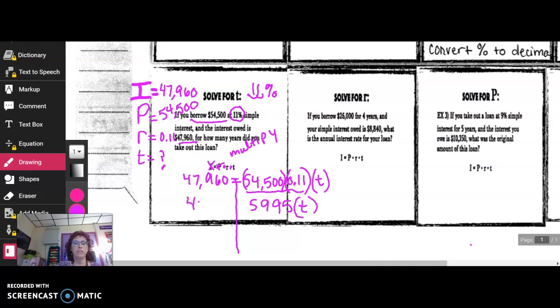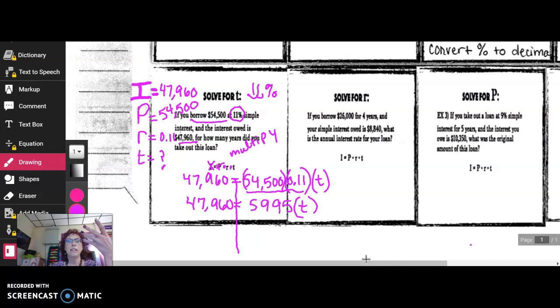And over here we have done nothing with 47,960. So my coefficient is the number that is being multiplied by t. So my coefficient here is 5,995. These two things are being multiplied.